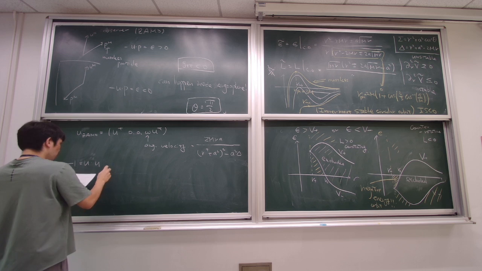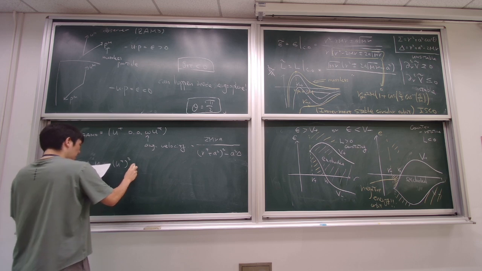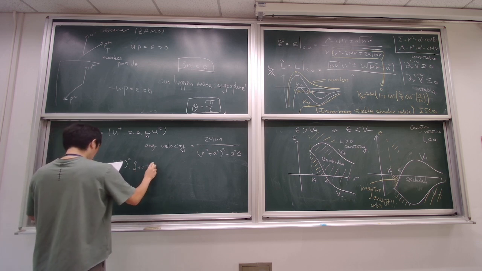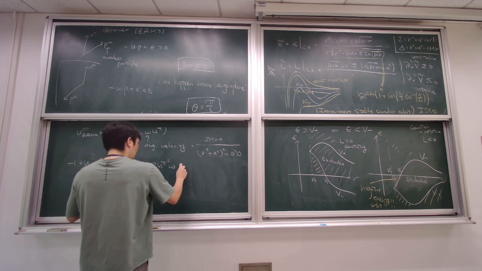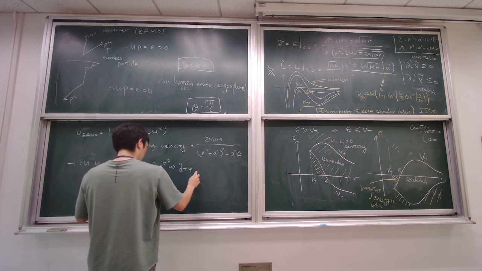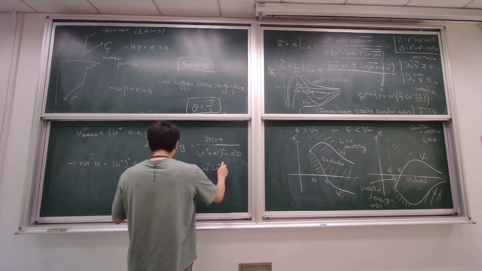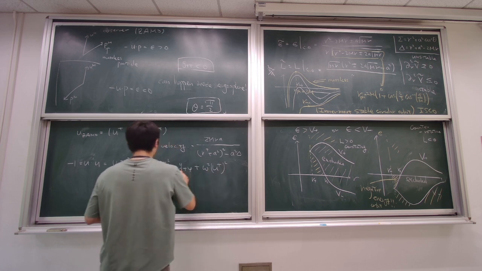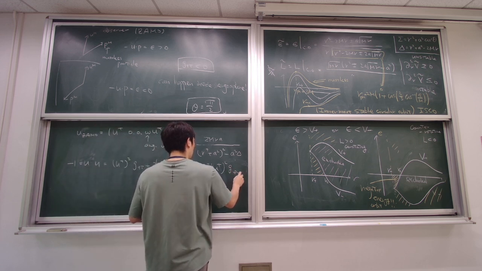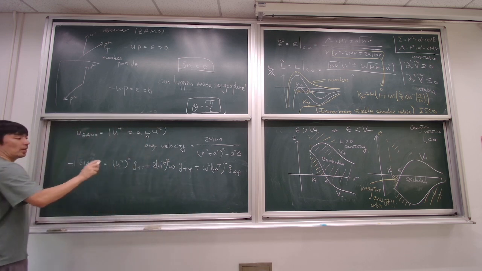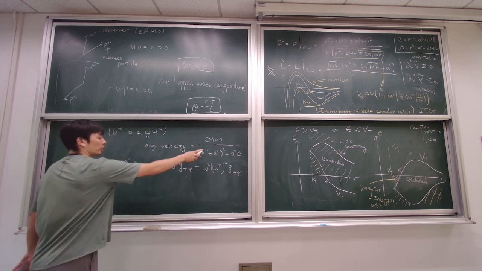This condition gives you (U^t) squared g_tt plus 2 (U^t) squared omega g_tphi plus omega squared (U^t) squared g_phiphi. Then you plug in the parametric form and omega here, and solve for U^t.